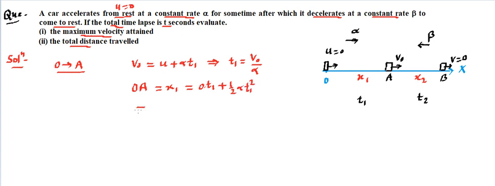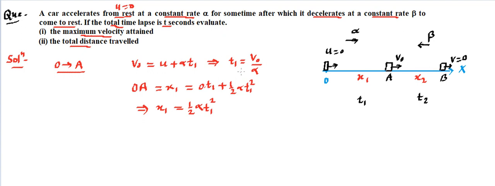From here we find x1 equals half alpha t1 square. Making sense? And t1 can be calculated as we found from v0, or we can use the third equation to find that as well.